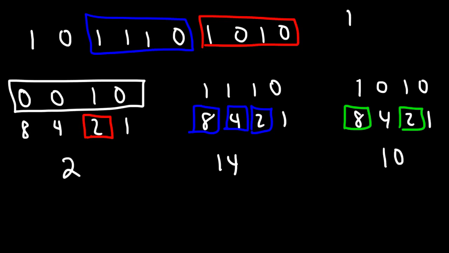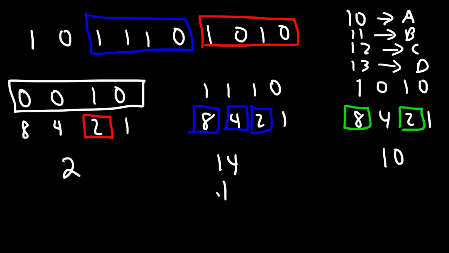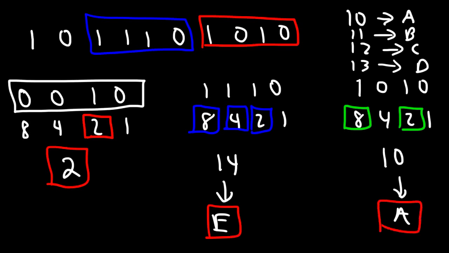Now recall that 10 corresponds to A, 11 corresponds to B, 12 corresponds to C, 13 corresponds to D, which means 14 corresponds to E. We could replace 10 with A. So the answer is going to be 2EA. So it's 2EA in the hexadecimal system.